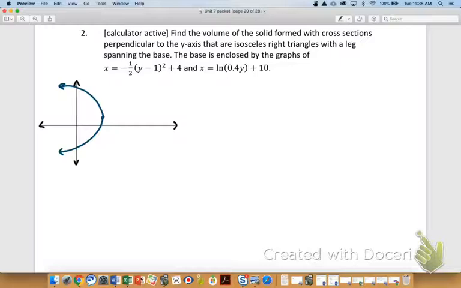Oh, it's an exponential. It's increasing. So you can graph it real quick. I'll tell you what to graph: e to the (x minus 10) divided by 0.4. Oh, and it got shifted way right.